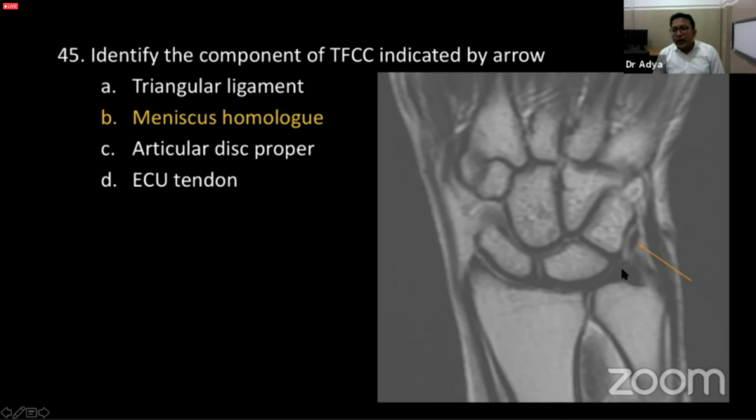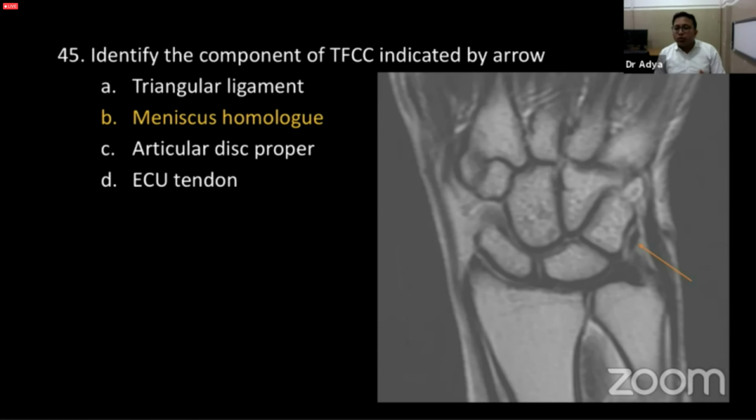And this is the meniscus homologue, and that will be reinforced laterally here by the ulnar collateral ligament and tendon sheath of the extensor carpi ulnaris tendon. Now the other components are the ulnocarpal ligaments and the radioulnar ligaments. The radioulnar ligaments are two in number, one dorsal and another volar.